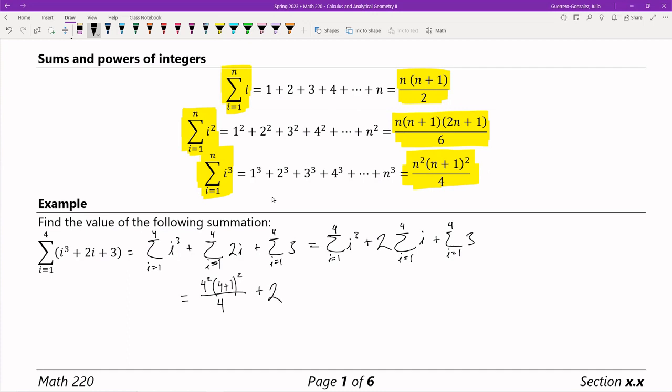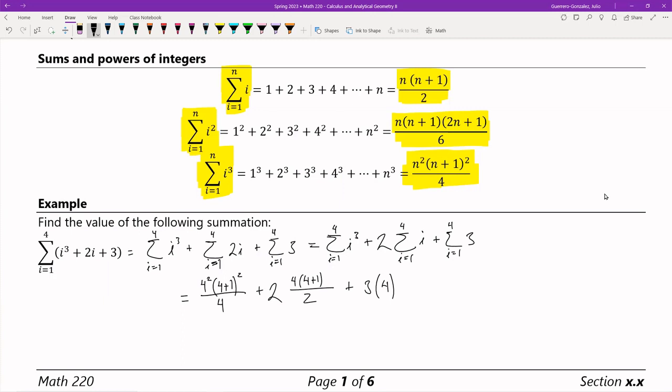I need the i term one, so that's the very first one. So it's going to be 4 plus 1 divided by 2, plus this one. Remember, if it's a constant value and I'm just adding it 4 times, that should just be 3 times 4, right?